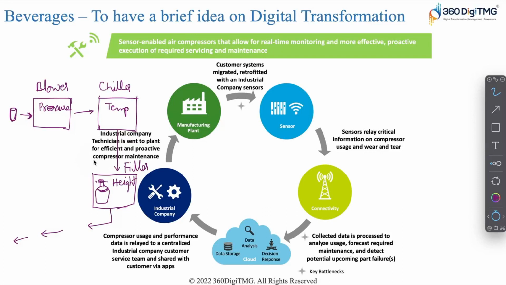Your entire manufacturing process will come to a standstill. So as a plant head, you would be interested in doing some digital transformation which will ensure that your manufacturing goes on continuously without any hiccups. So for that, maybe you want to take the route of digital transformation.